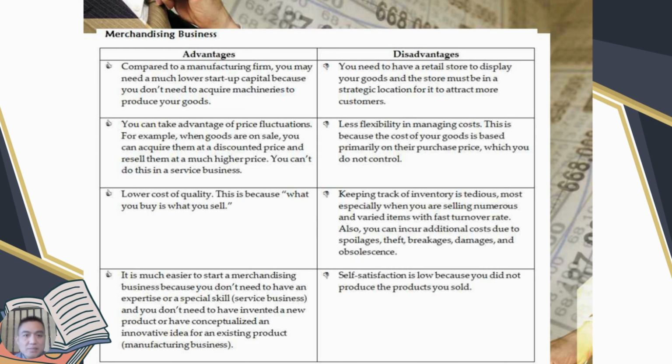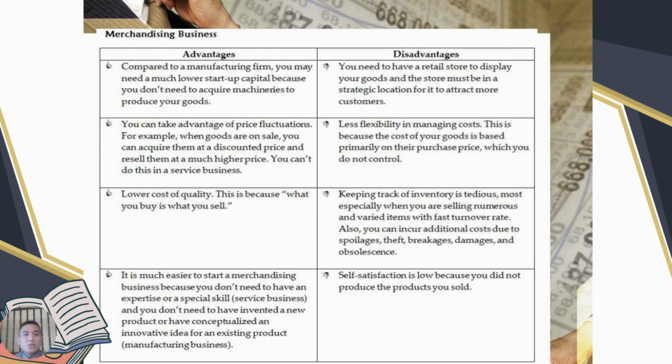Less flexibility in managing costs. This is because the cost of your goods is based primarily on their purchase price, which you do not control. Keeping track of inventory is tedious, most especially when you are selling numerous and varied items with a fast turnover rate.